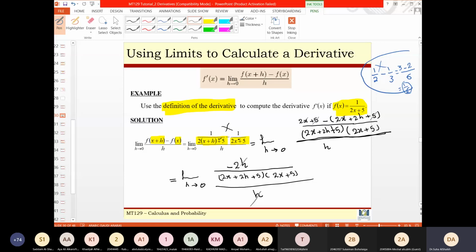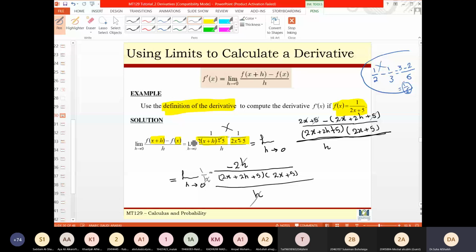Okay, now they cancel here. This is like we have 1 over h here. This is divided by h, as if we have 1 over h, so this cancels this.